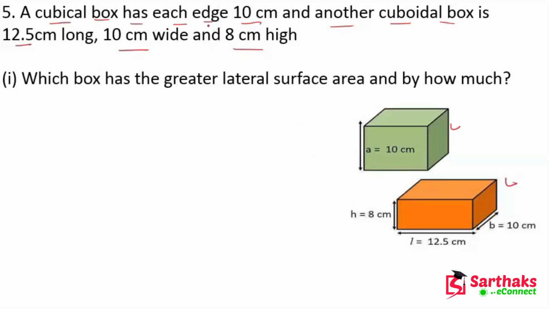The dimension of the cubical box is 10 centimeter, and the cuboidal box is 12.5 centimeter long, 10 centimeter wide and 8 centimeter in height, meaning length, breadth, and height. Which box has the greater lateral surface area and by how much?